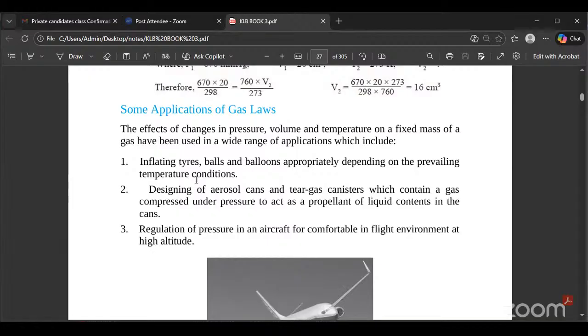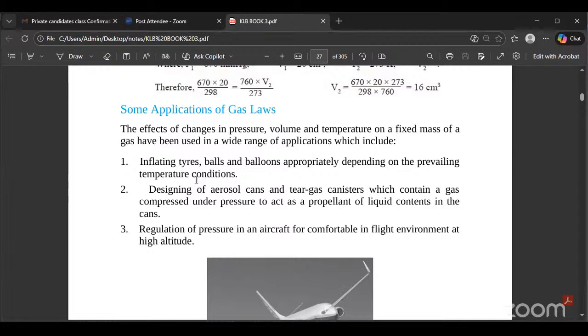So inflating tires, balloons. You find people who were playing in the morning with a ball, when it gets to 8 they say the ball is too hard, they want to reduce the pressure. So it is normally used in inflating tires, balloons, and balls, depending on the conditions that are there.